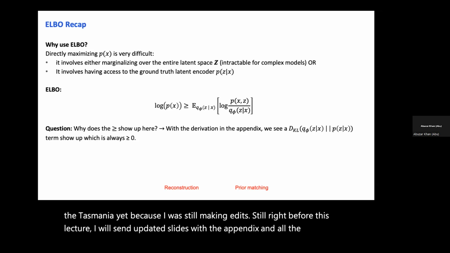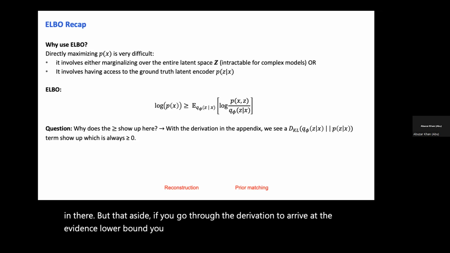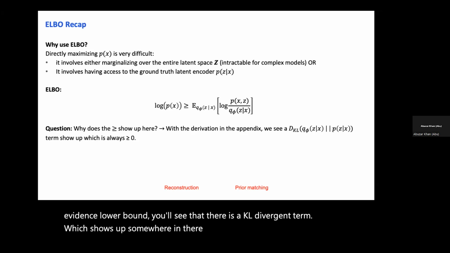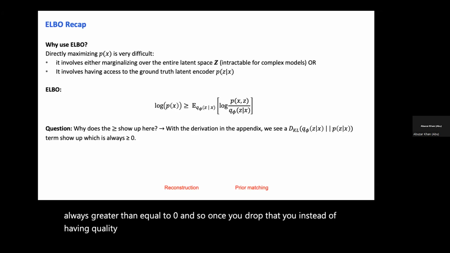But that aside, if you go through the derivation to arrive at the evidence lower bound, you'll see that there is a KL divergence term which shows up somewhere in there. And KL divergence terms are always greater than or equal to 0. And so once you drop that, you get the greater than or equal sign here.